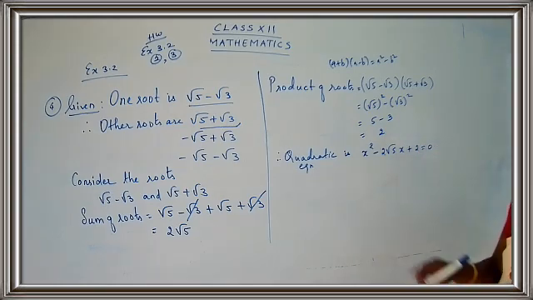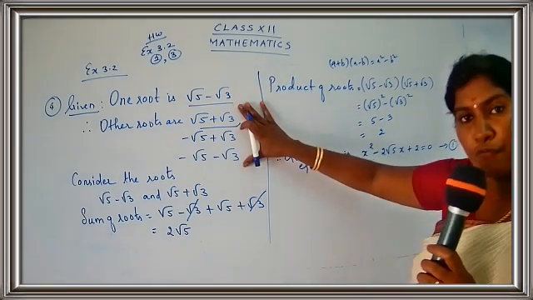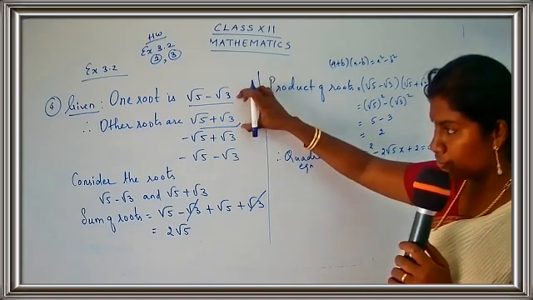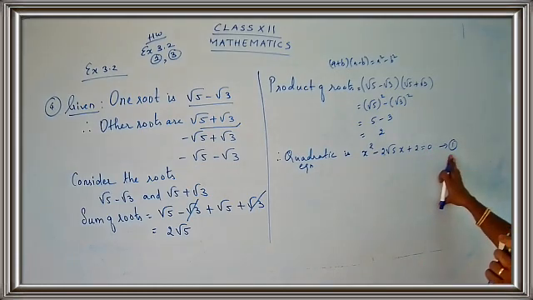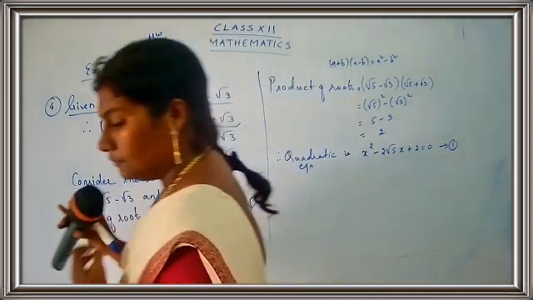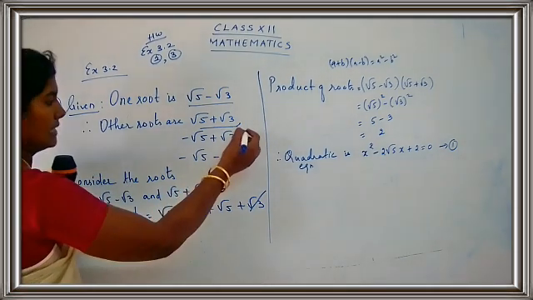So I have considered one quadratic equation. Total there were 4 roots, and using the first 2 roots we formed a quadratic equation, which I give as number 1. So I get x square minus 2 root 5 x plus 2 is equal to 0. Clear?